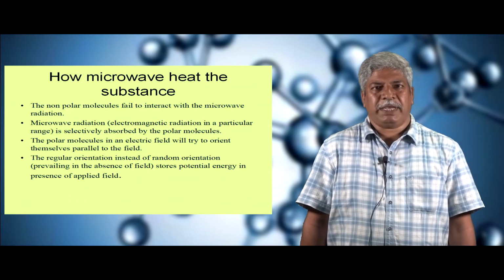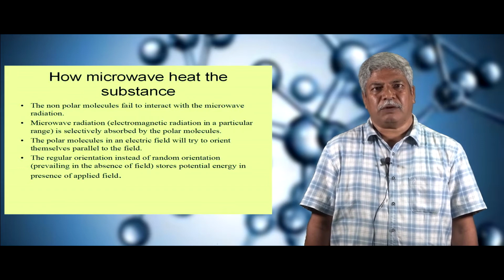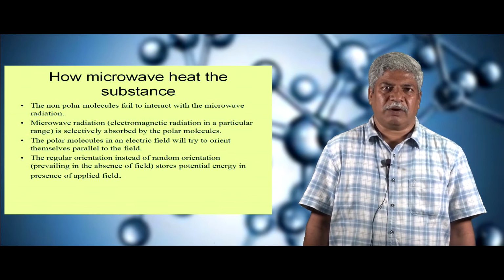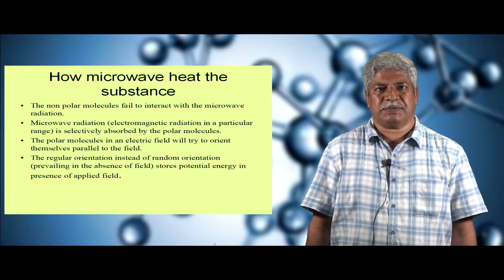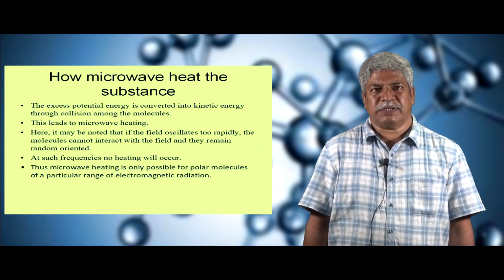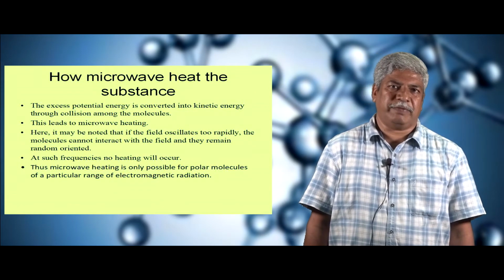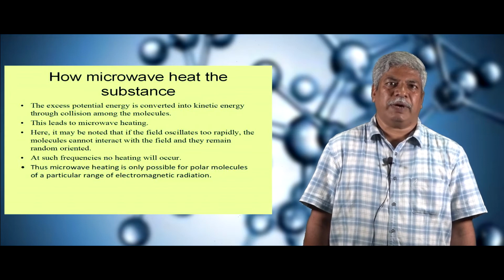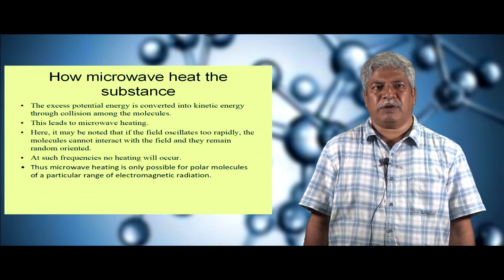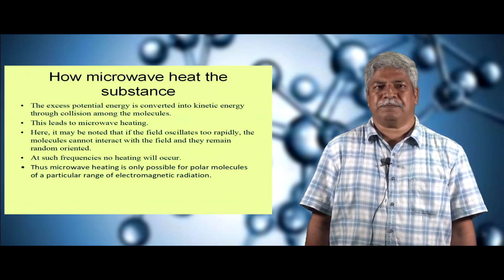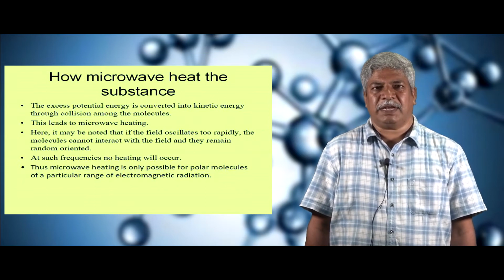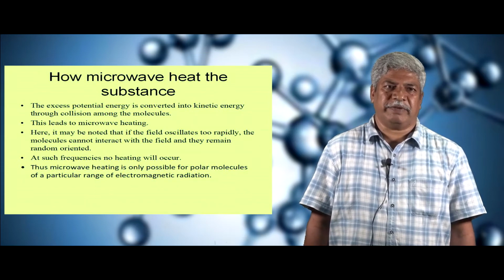Among the substances used, there are two types of molecules: either they may be polar or they may be nonpolar. If they are nonpolar molecules, they won't interact with the microwave radiation. So for a reaction to take place in the presence of microwaves, the molecules have to be polar, so that they can reorient, align with the field, and respond to the microwaves.